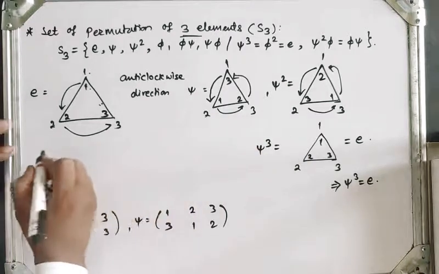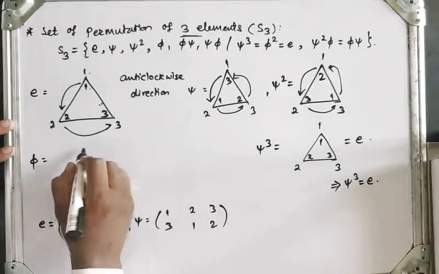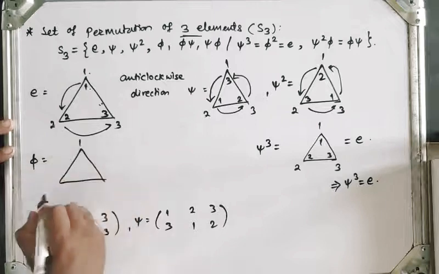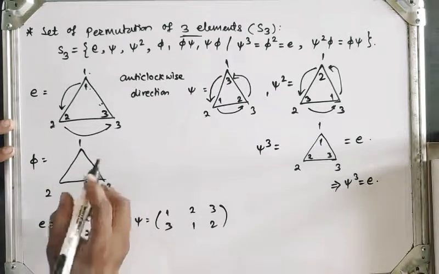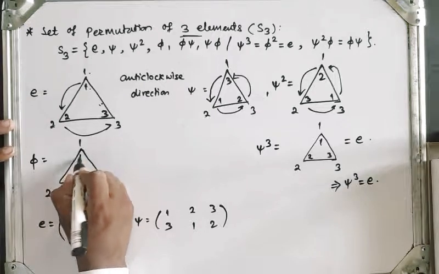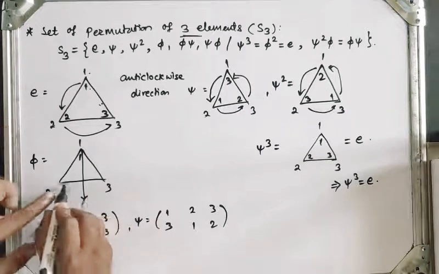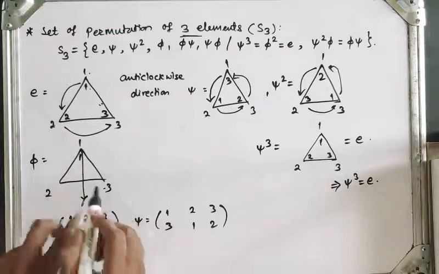Next element is phi. So 1, 2, 3, the three elements. I will take symmetry. I will take 1 as a constant, and then take the mirror image of 2 and 3, meaning I will interchange 2 and 3.